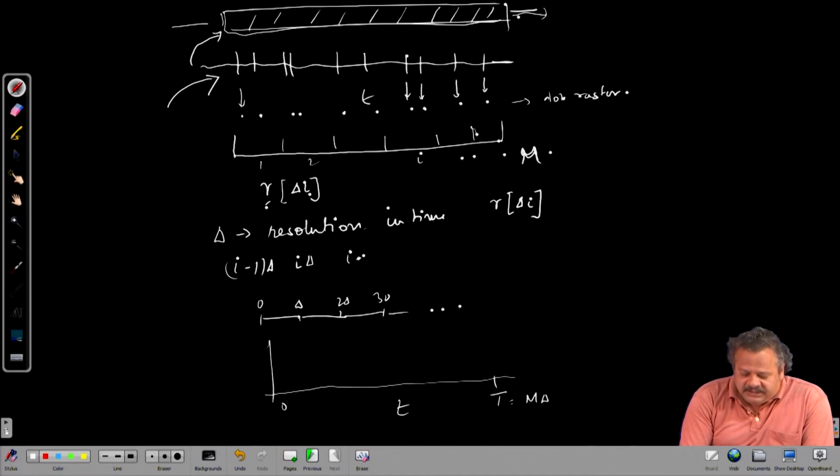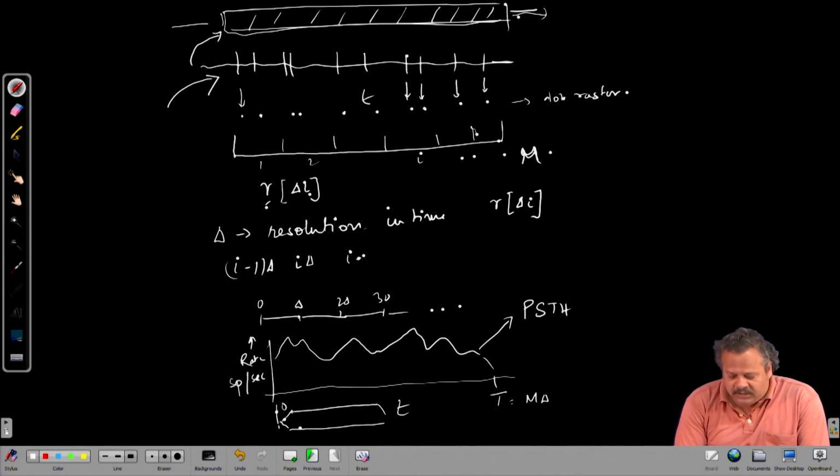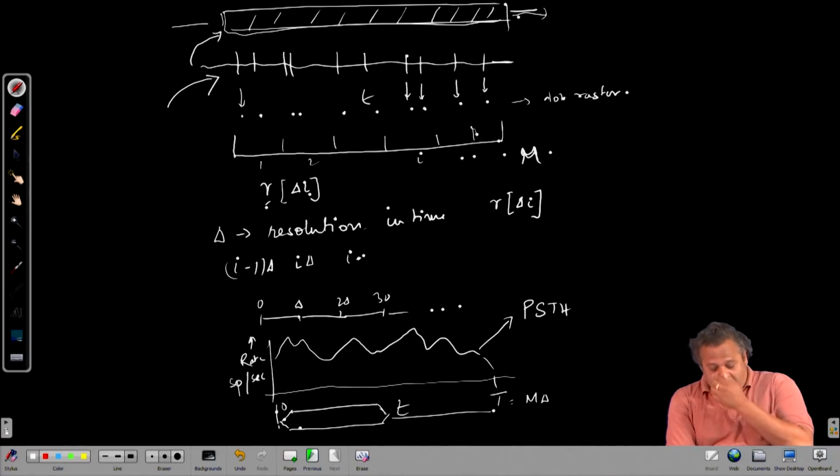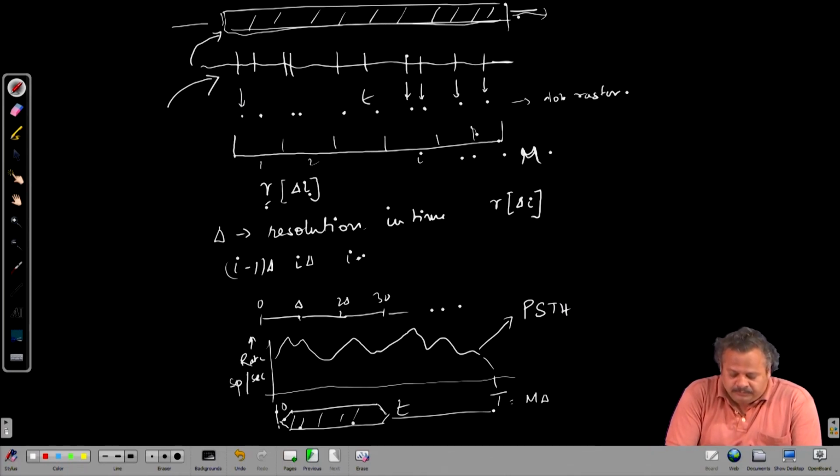For each delta window there is a rate, in spikes, or the number of spikes occurring per second within that window. That representation is what we call a peristimulus time histogram when it is associated with a stimulus occurring within that time window, or that phenomena that we have been talking about.